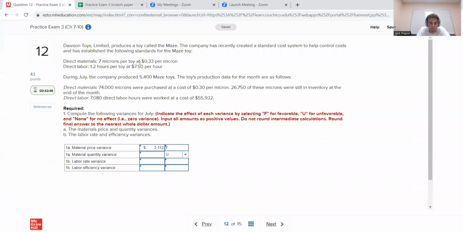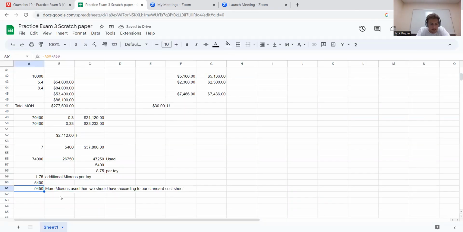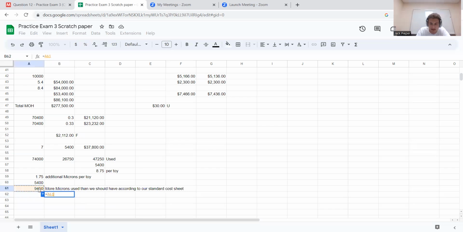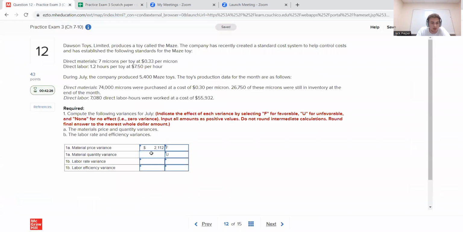So then once we have the amount of microns, we'll just multiply again. We'll multiply that by our standard cost per micron, which is the 33 cents. So we'll do this times the 33 cents. We will get 3,118.5. Okay, that's about all the time I have.